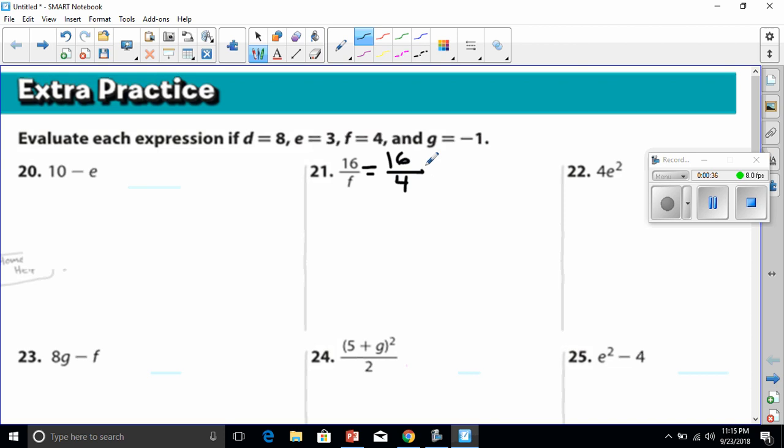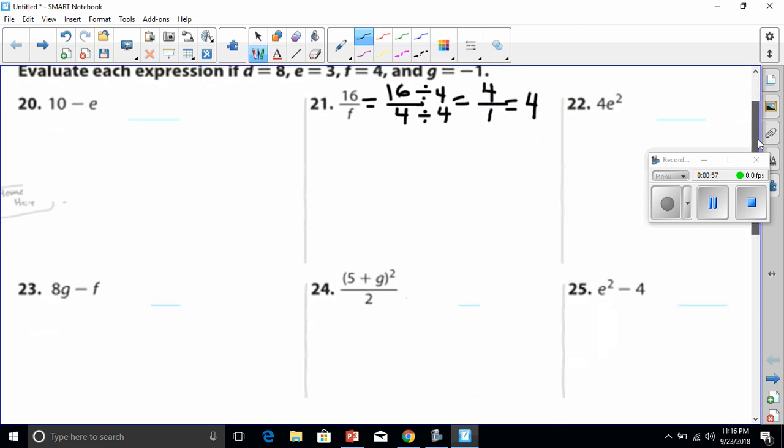Every fraction is really a division problem, right? Both of these are divisible by 4. So 16 divided by 4 equals 4, and 4 divided by 4 equals 1. And of course, my answer is 4.